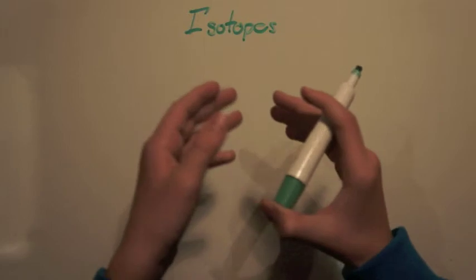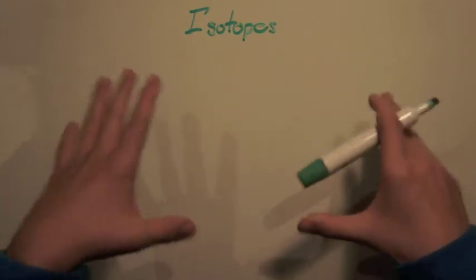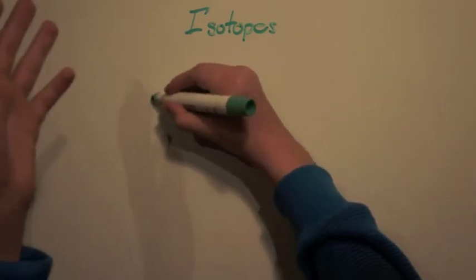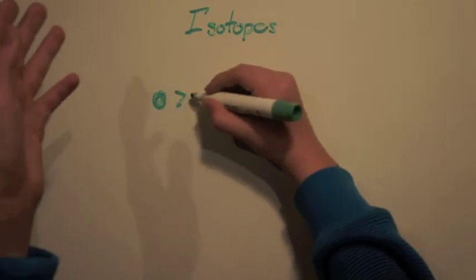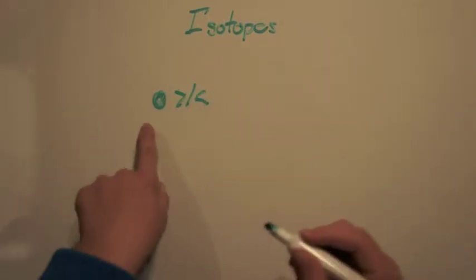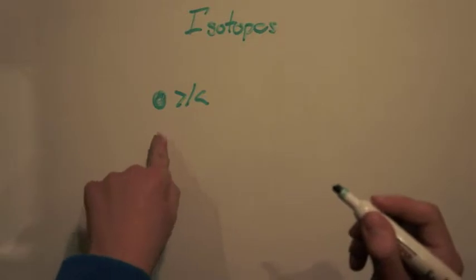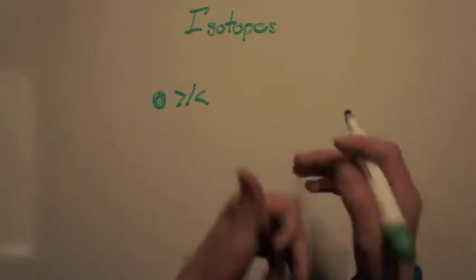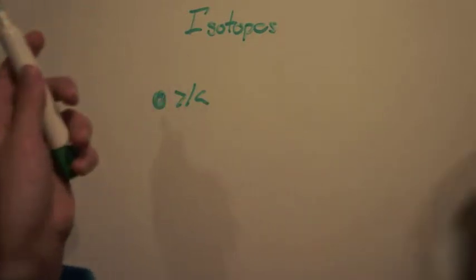An isotope is a different version of any element. It can have more or fewer neutrons than normal. To refer to an isotope, you write it like this.